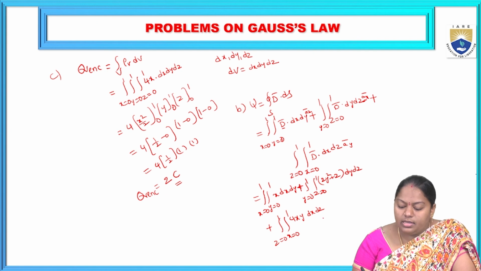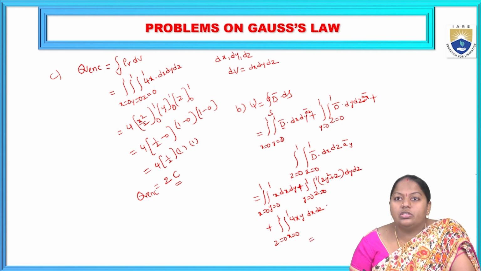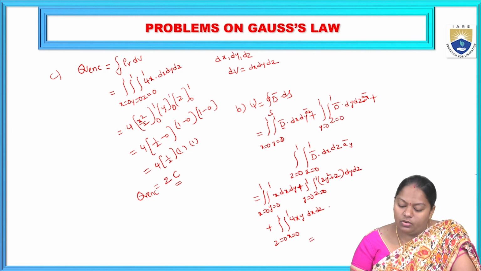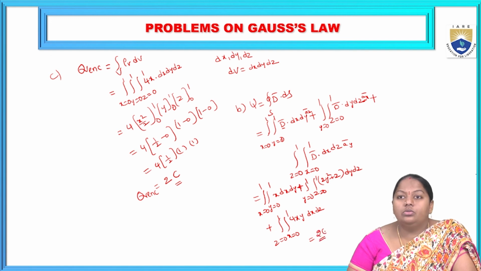So if you simplify the total equation and substitute the upper and lower limits as 0 and 1, then you are supposed to get 2 coulombs.